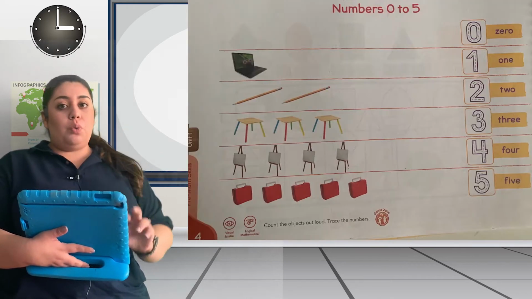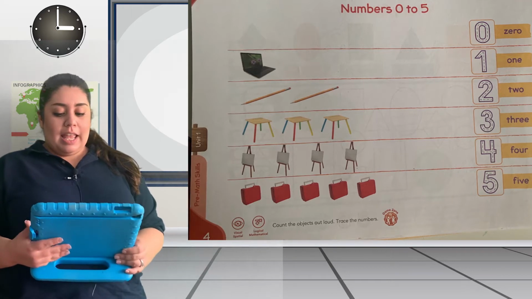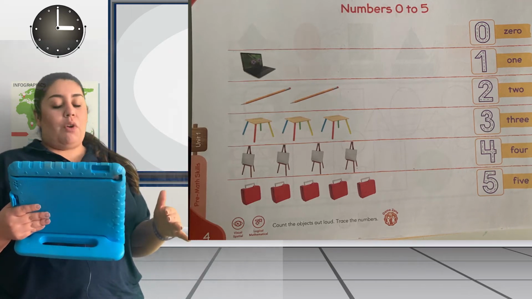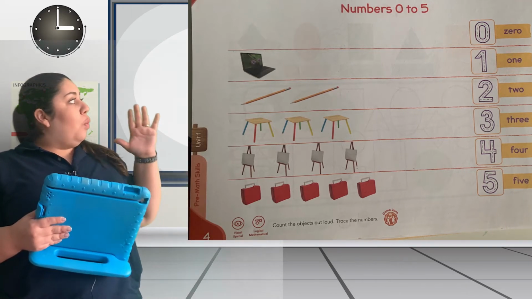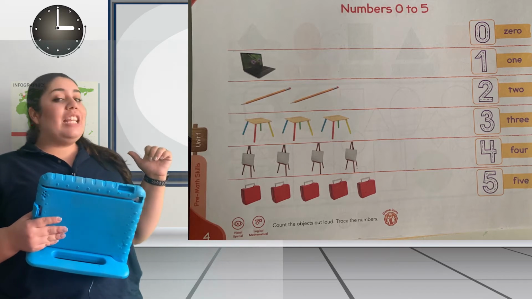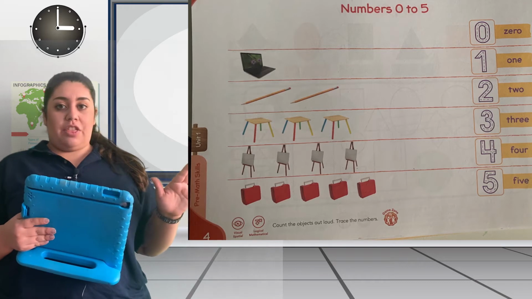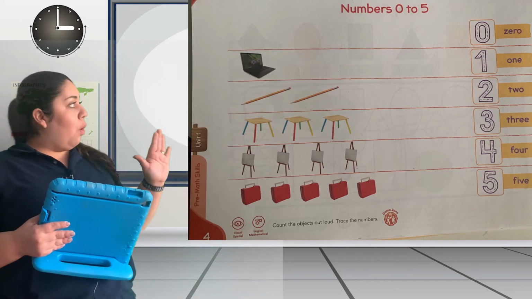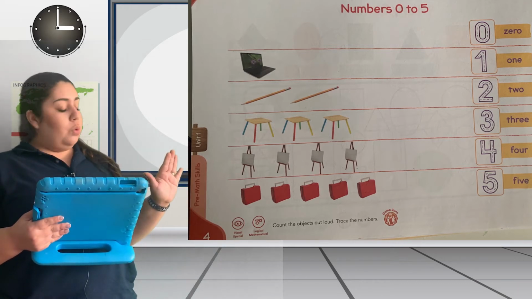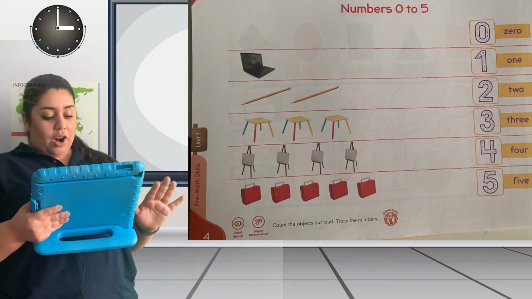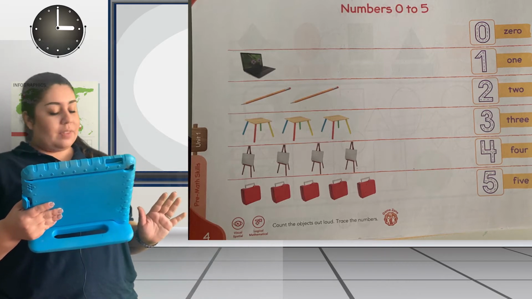We're going to work on both pages. As you see, we start from the number 0. 0 means I have nothing. 0, 1, 2, 3, 4, 5.